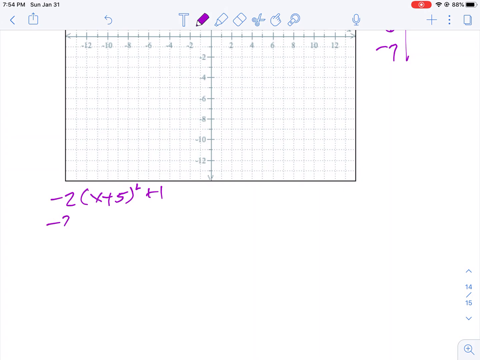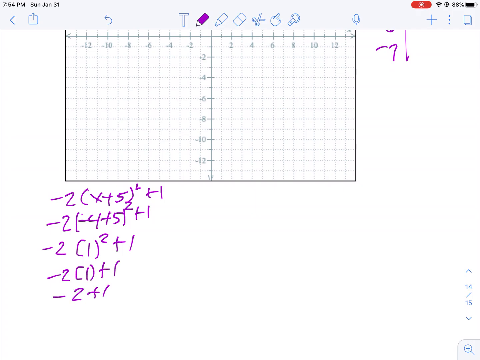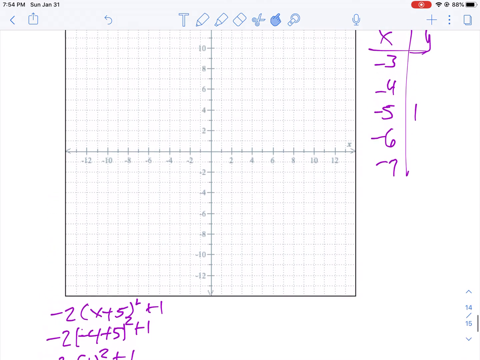So I'm going to say negative 2 times negative 4 plus 5 squared plus 1. Well, negative 4 plus 5 is 1. We square that. You get 1. Negative 2 times 1 is negative 2 plus 1 is negative 1. So when x is negative 4, we're going to be at negative 1. And when x is negative 6, we're going to be at negative 1 because we know it's symmetric.